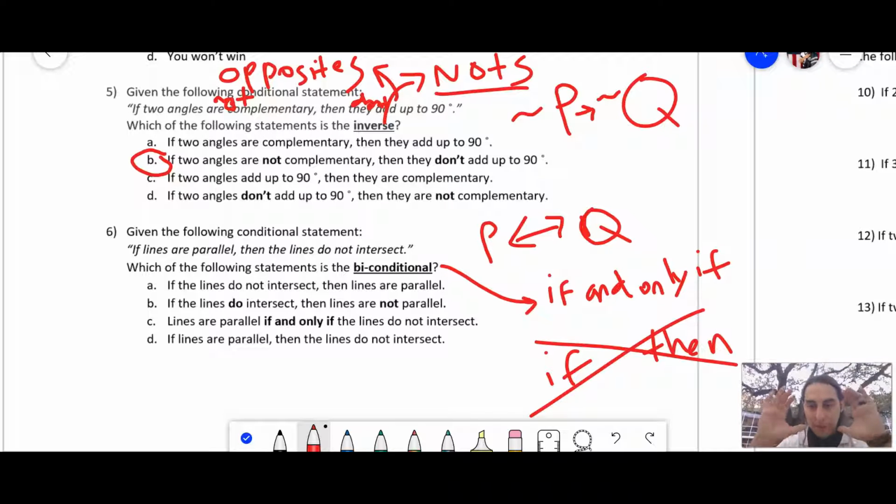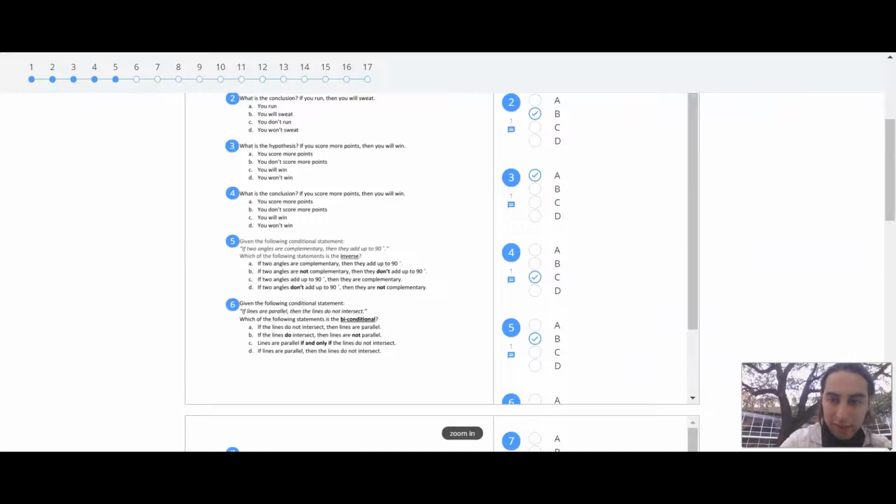It's if and only if in the middle. So, which one of these answer choices gives me the hypothesis and the conclusion with if and only if in the middle? Lines are parallel if and only if lines do not intersect. That would be letter C. So 6 is C.